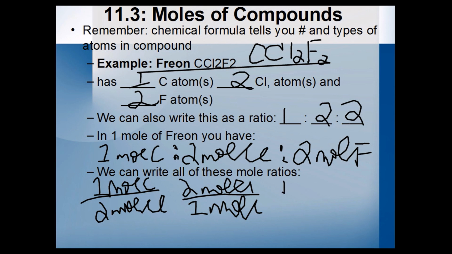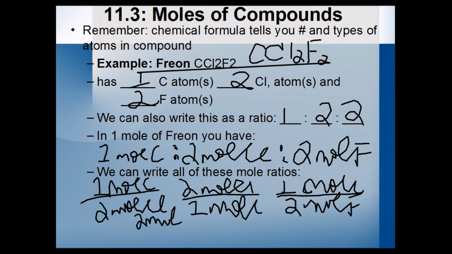We could say we have 1 mole of carbon to 2 moles of fluorine. We could reverse that. We could say we have 2 moles of fluorine to 1 mole of carbon, and then that could be reduced, right, to 1 to 1. And we can flip that.